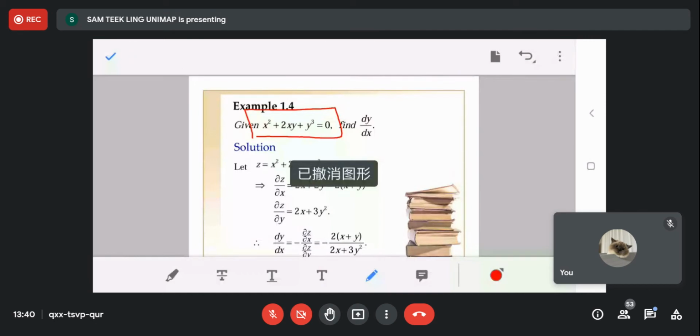Okay, we want to find dy/dx. This one we know we will use the implicit function.